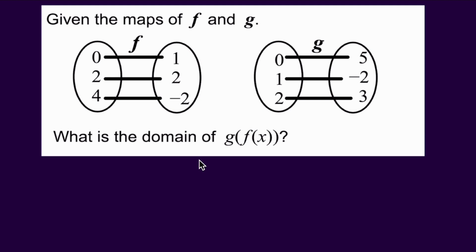Okay, next we are asked to find the domain of g of f of x, already written the way I like it. Okay, we're going to work on the inner function first. Here it is. Here's our inputs into f. Here's our outputs from f. Now, we can only use 1 and 2 from the output of f into g.